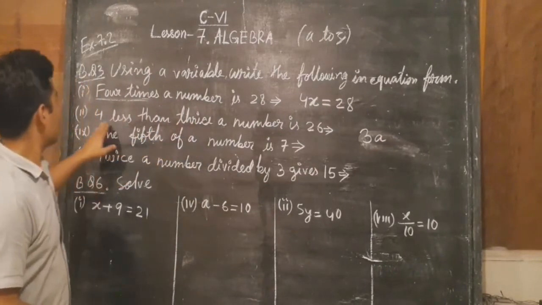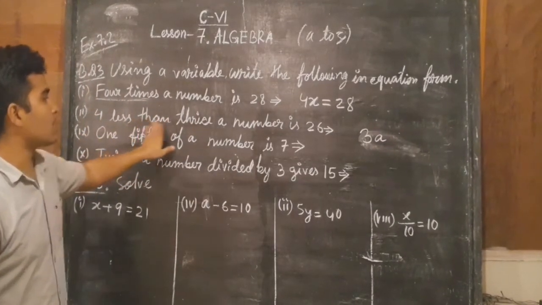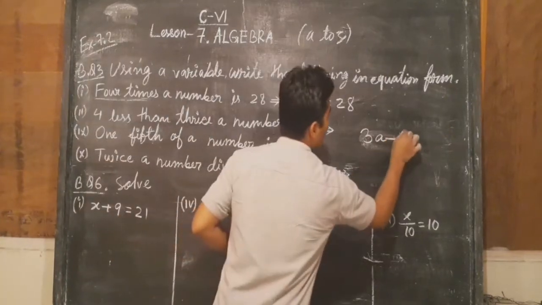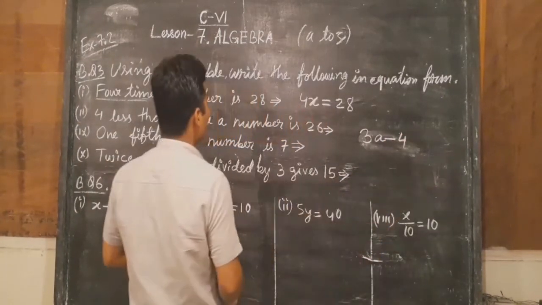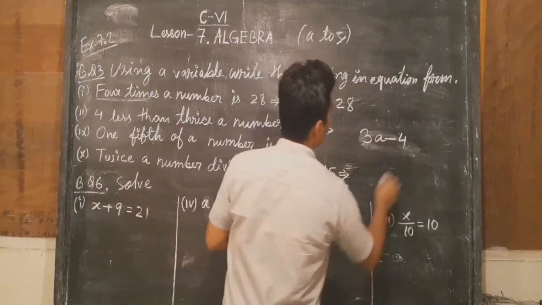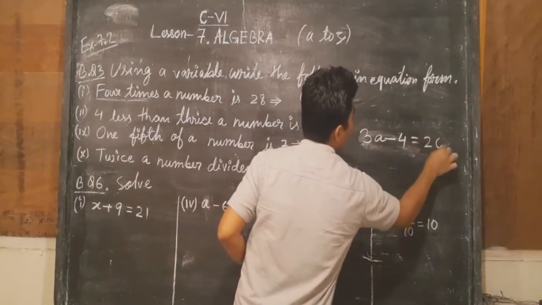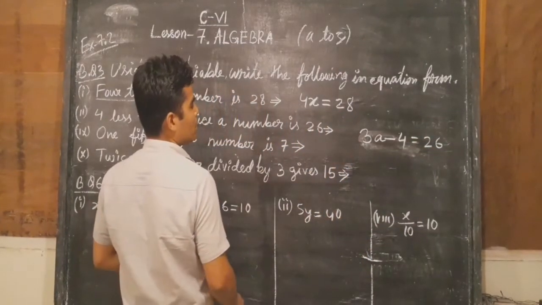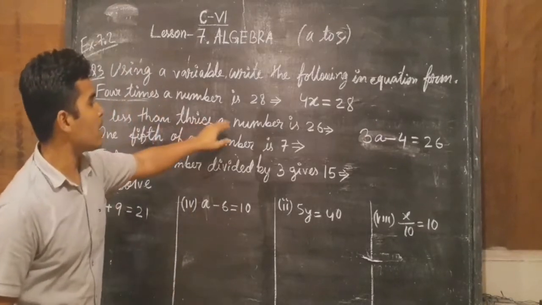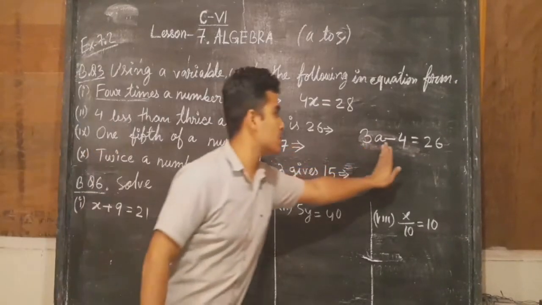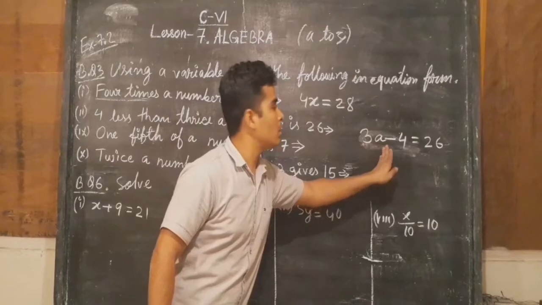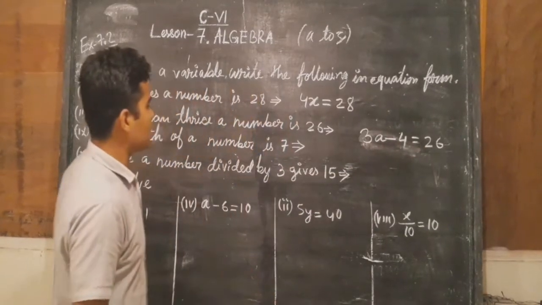From there we have to make 4 less. 4 less than thrice a number is 26.